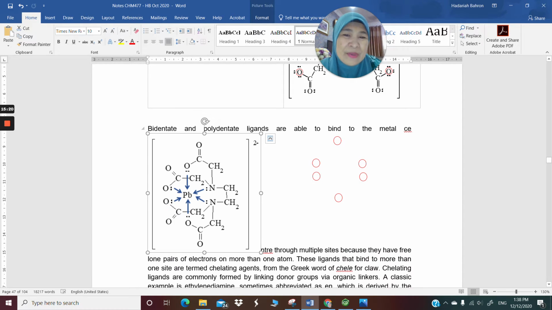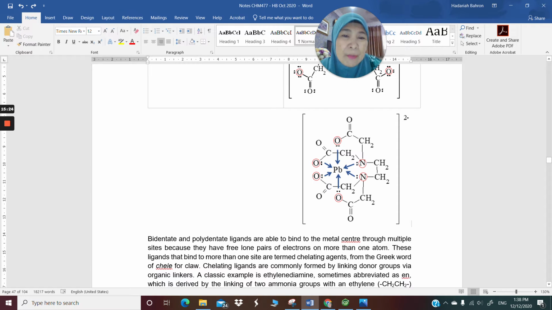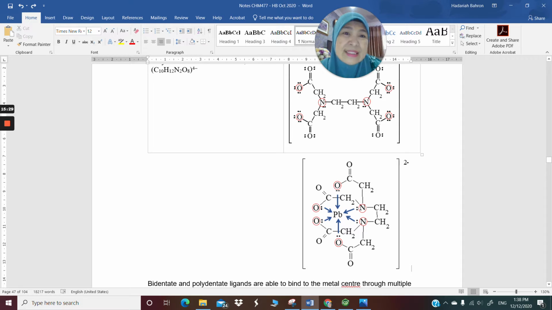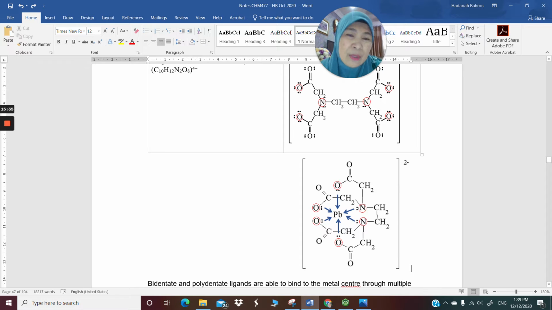So that is how a polydentate ligand EDTA is used as a scavenging agent, as a scavenger to remove heavy metal from our body if we have too many.